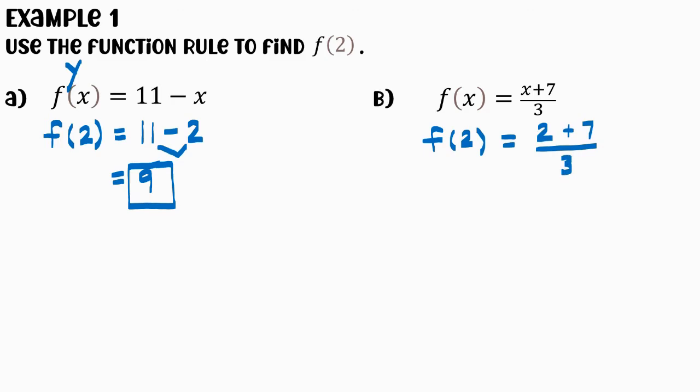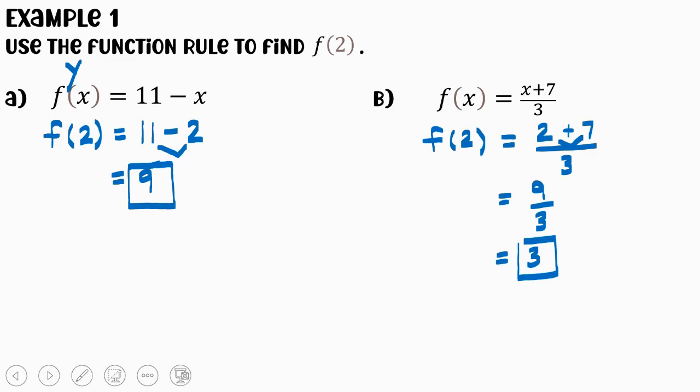Okay, so now we're going to simplify this side. So first we're going to start with 2 plus 7. Well, 2 plus 7 is 9, and then it's still over 3. And then we're going to do 9 divided by 3, which is 3. So f of 2 equals 3 for this problem.